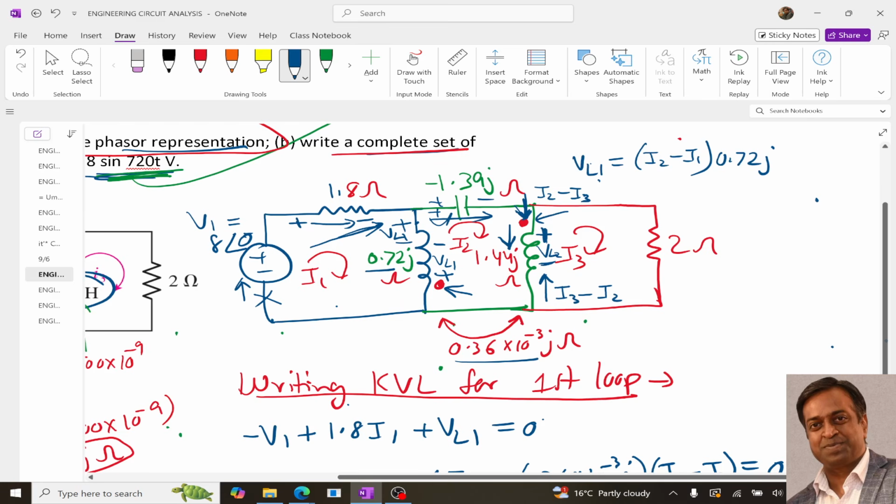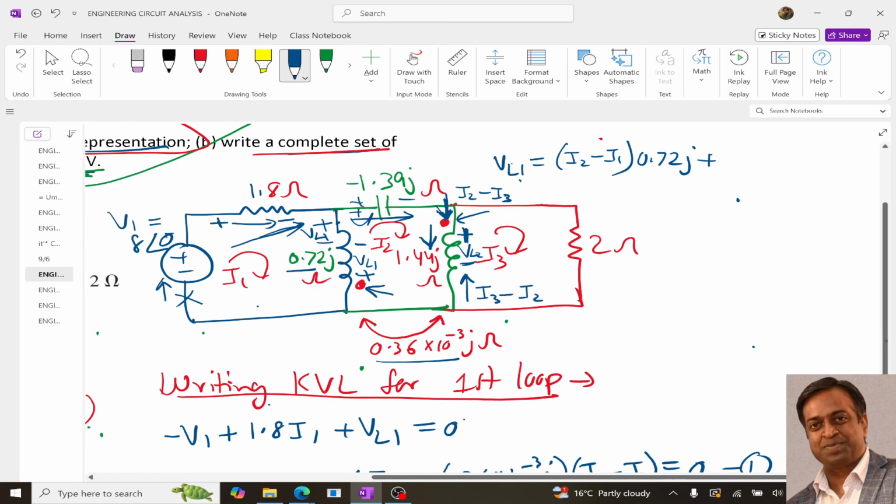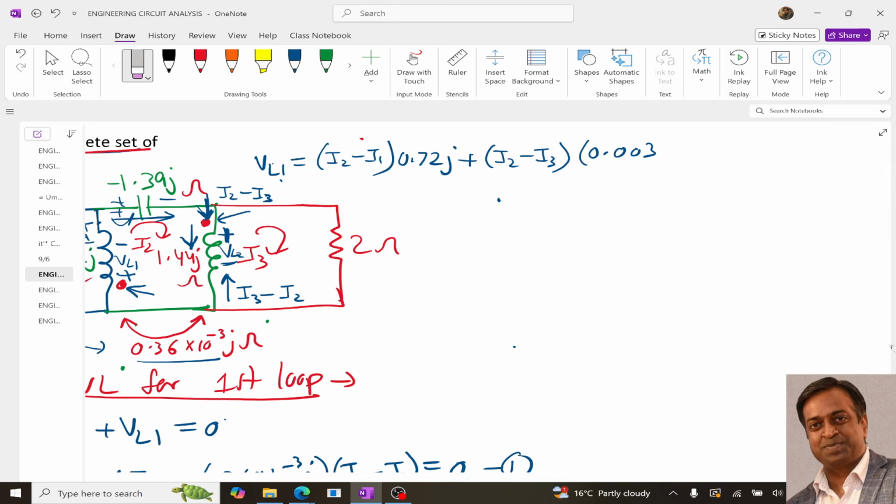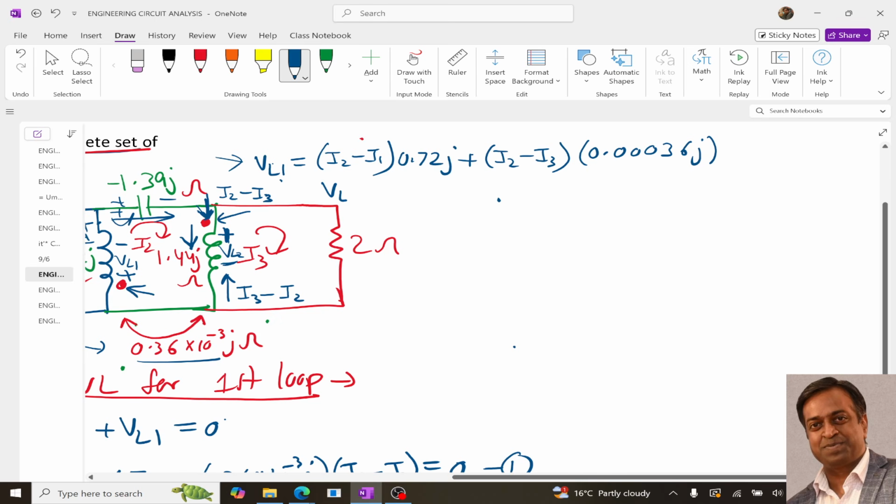So the mutual term will be I2 minus I3 times the mutual inductance, which is 0.00036J, right? Once we get VL1, similarly we can get VL2.